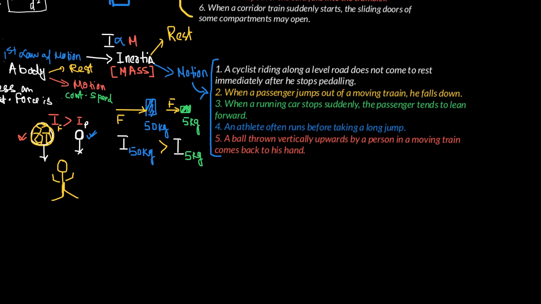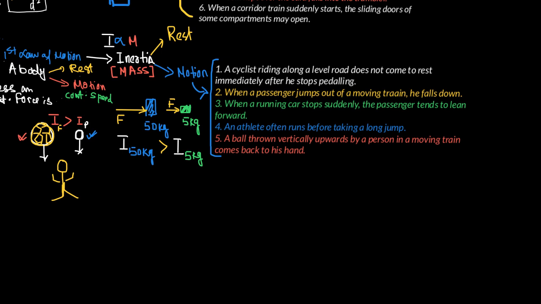An athlete often runs before taking a long jump. Now imagine whenever an athlete is jumping, or even you are jumping, we want our entire body to fly up in the air and then fall. Now if we just stand and try to jump, our bottom portion of the body is at rest, the top portion is flexible.